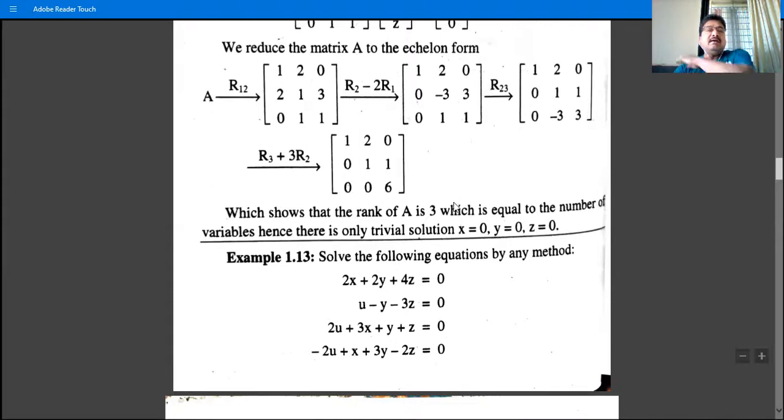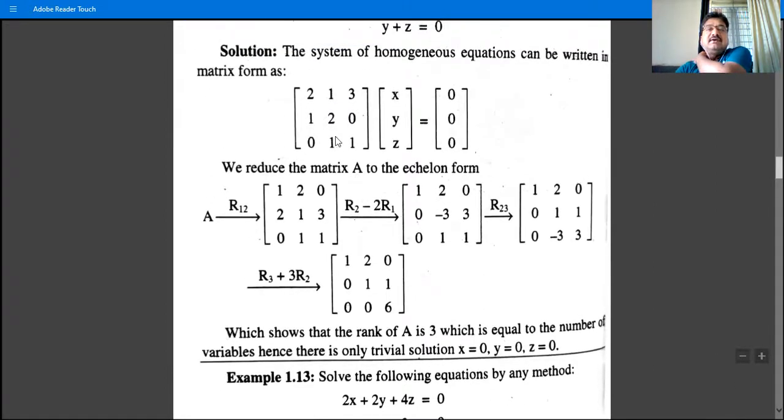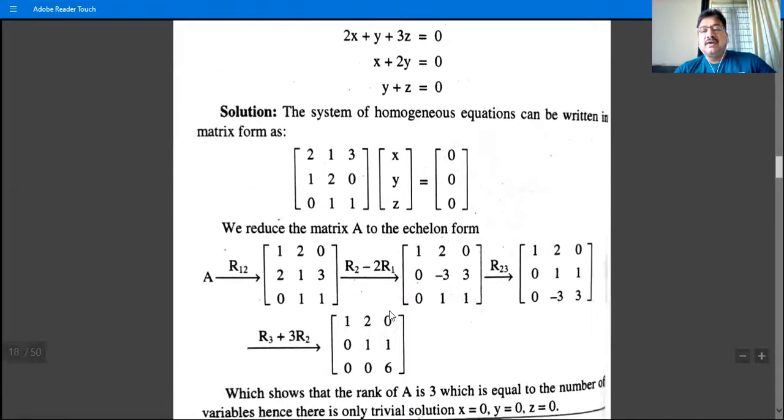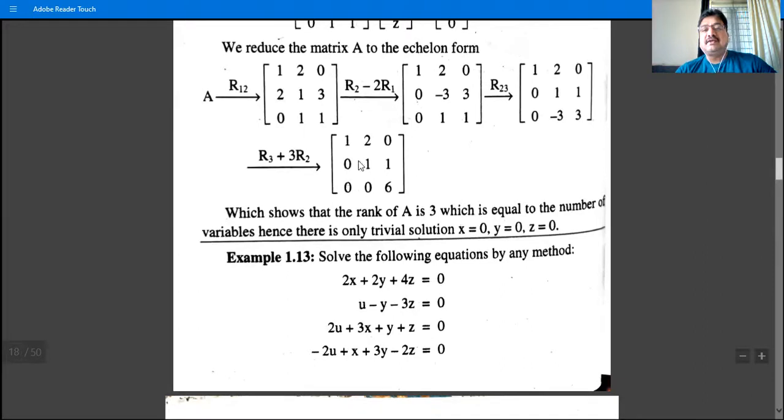Rewrite the equations from this matrix. What is the first equation? x plus 2y is equal to 0 is the first equation. The second equation is y plus z is equal to 0. And the third equation is 6z, or converting this to 1, z is equal to 0.